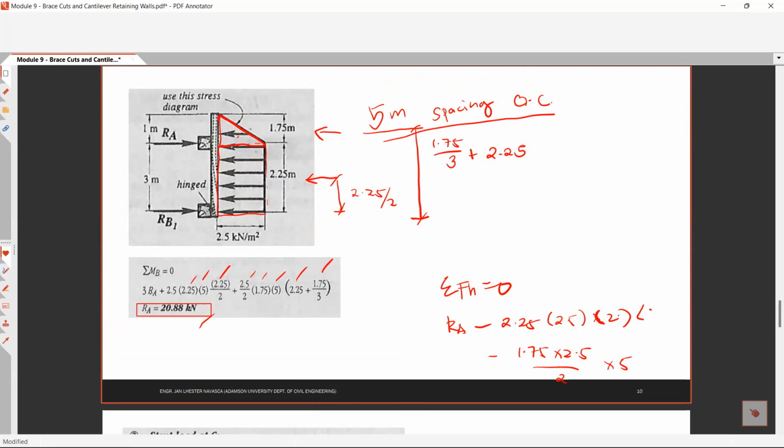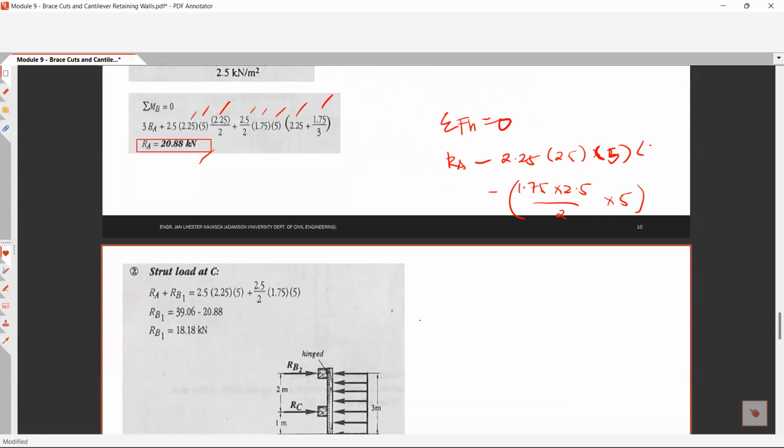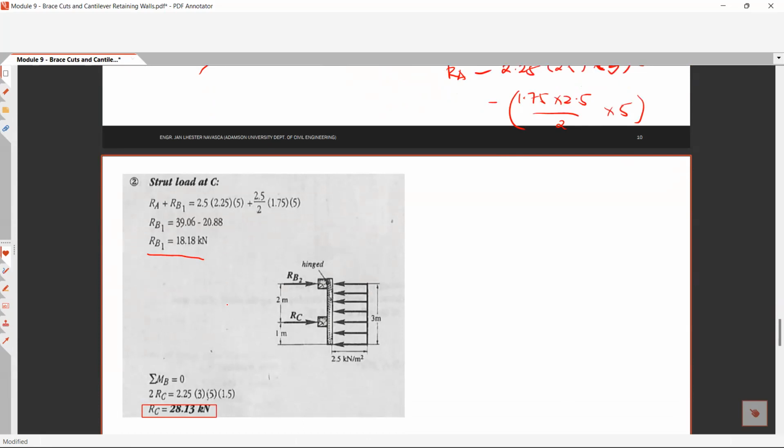Here you have RB1 equal to 39.06 minus 20.88, so you have 18.18 kilonewton. That is your RB1.